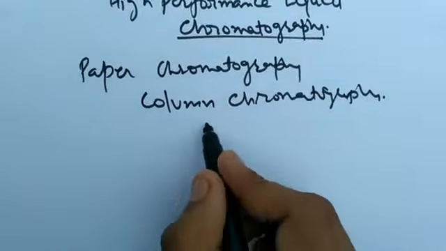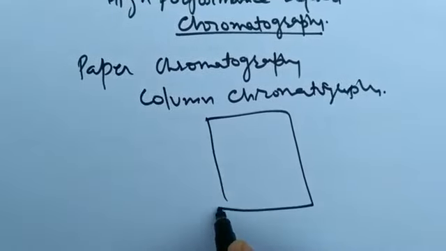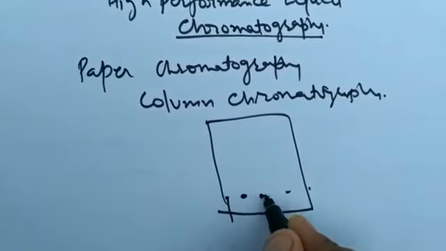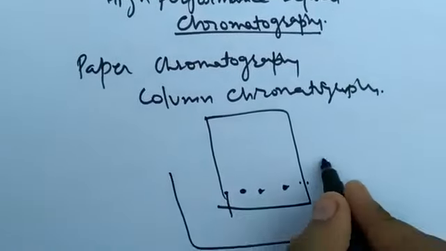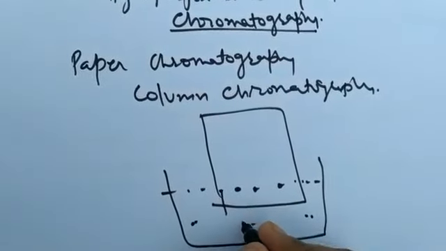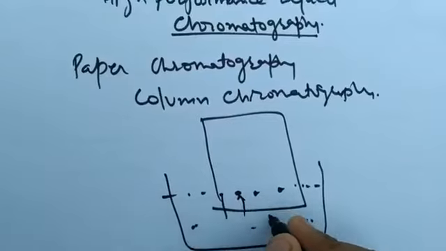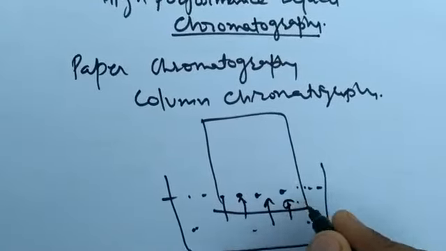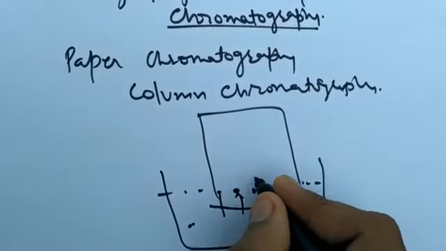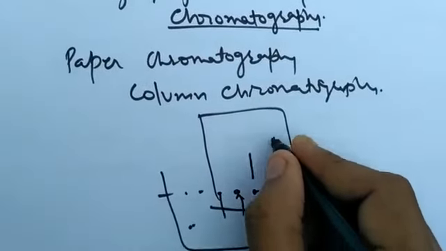In paper chromatography, we apply the sample on the Whatman filter paper and dip it in the solvent, that is the mobile phase. The mobile phase, that is the solvent, runs in the capillaries in the Whatman filter paper, and the sample also runs along with it.